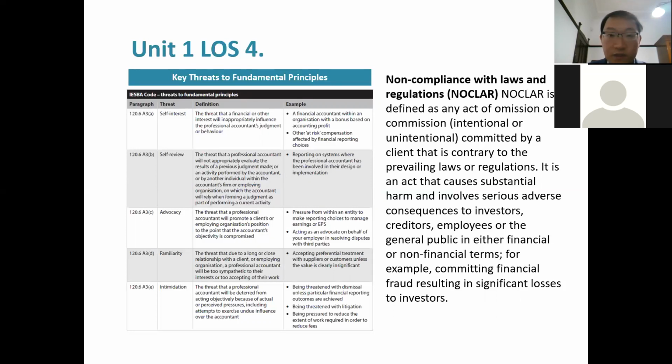After self-interest, we have self-review. This is the threat that you evaluate your own work. I think I've got some people that have just joined. Yep, so the self-review threat is the threat that you're going to evaluate your own work. You can think about an example where you work for a big accounting firm such as PwC, that provides both advisory services and audit services.